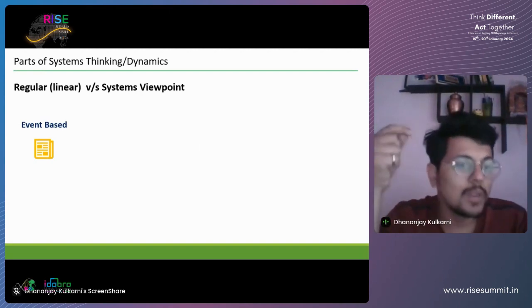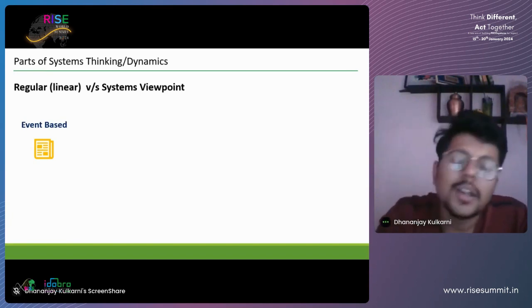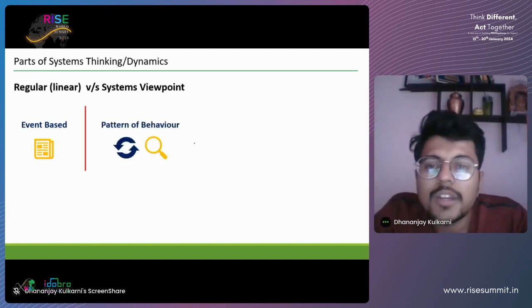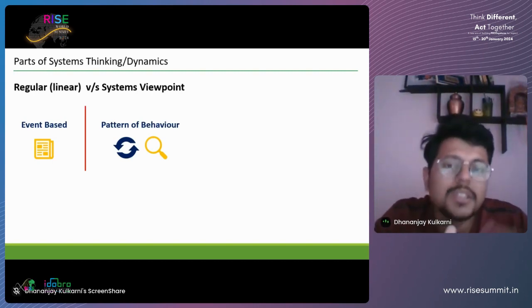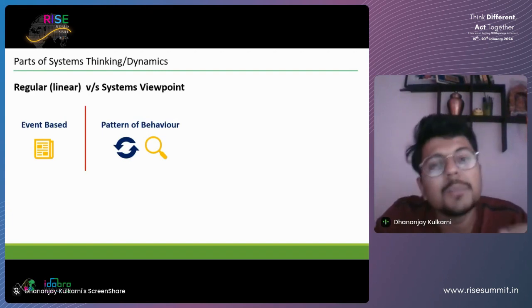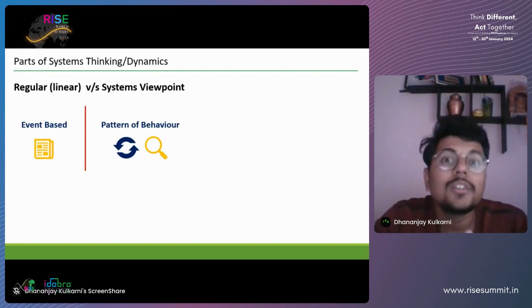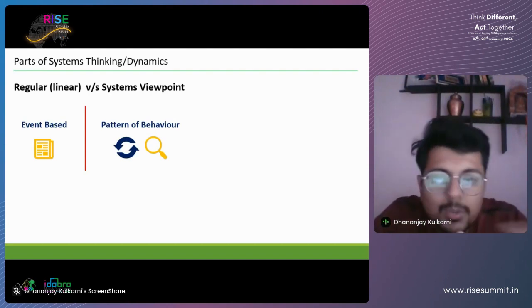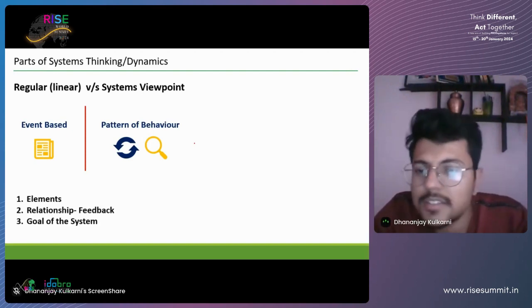News is a one-time event that you see or read in the newspaper and it's gone. But if you study the dynamic pattern, whether there is a pattern of similar behavior, then it becomes a systems viewpoint. Now you are trying to understand different elements, how they are interacting, and why this particular kind of behavior is there.